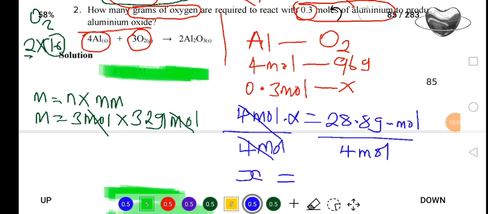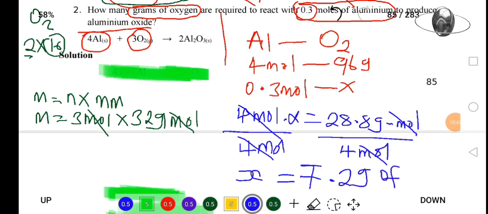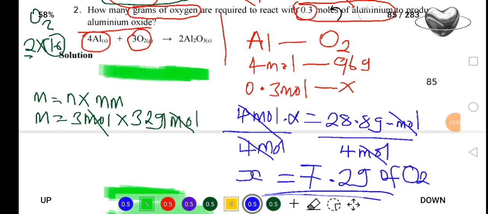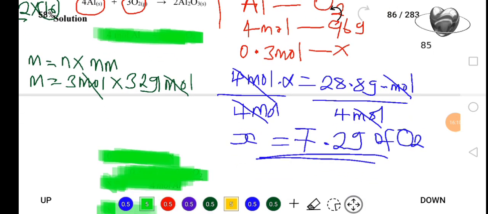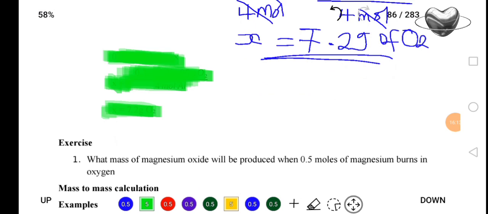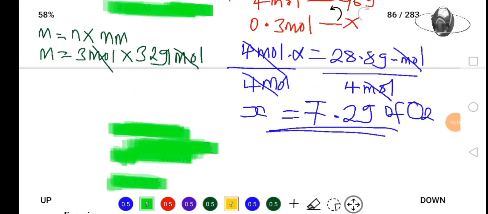The answer will be 7.2, that is grams of oxygen. So meaning when we use 0.3 moles of aluminium, the mass of oxygen that is going to react with aluminium will be 7.2 grams of oxygen. So this is what we are supposed to do.